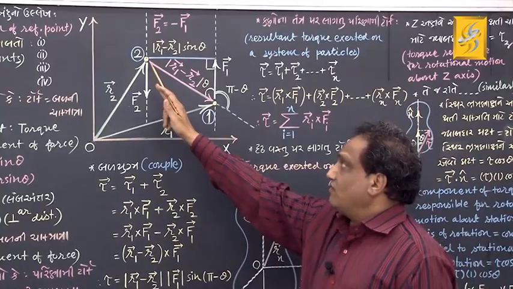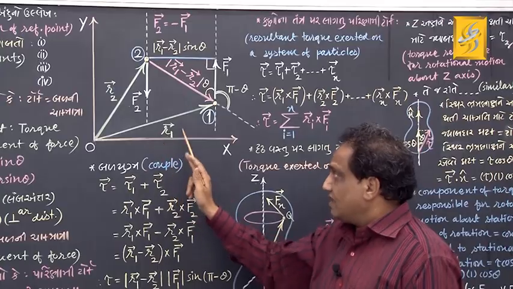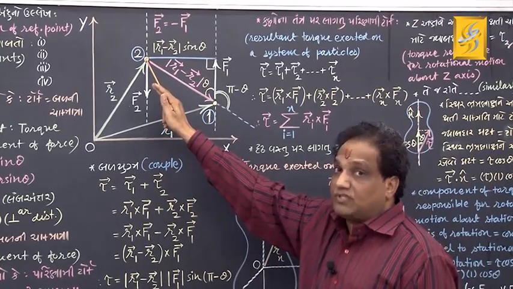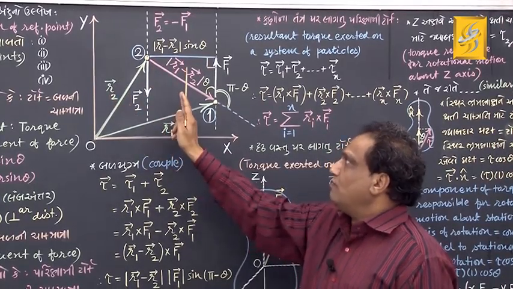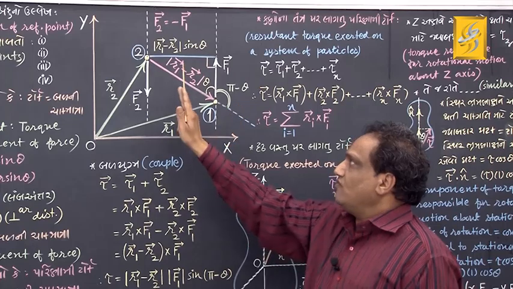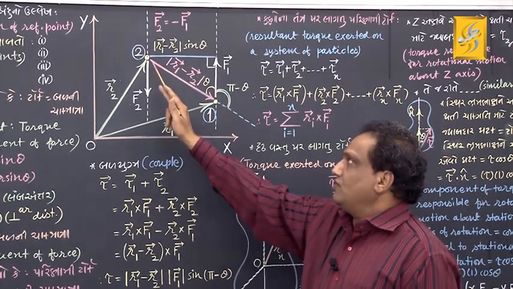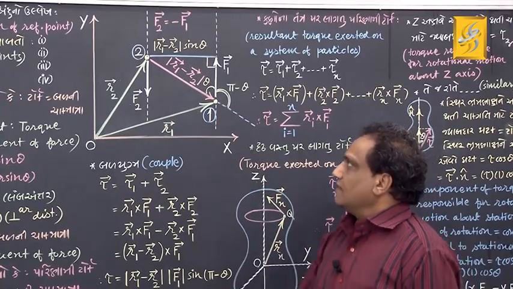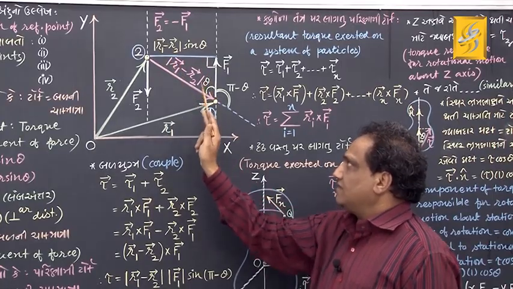When you go from here to here, this is the final point, so the final position vector is vector r1, minus the initial position vector, vector r2. Final position vector minus initial position vector gives you the displacement vector. Now, if you want its length, you should take the magnitude of this vector, correct?